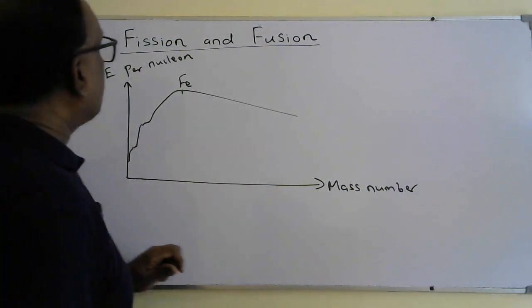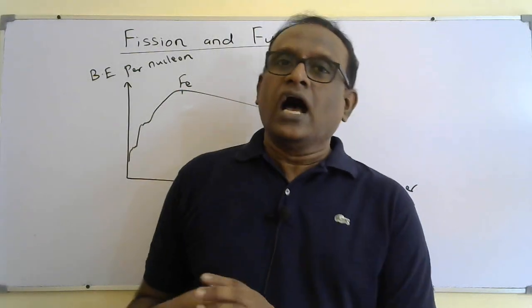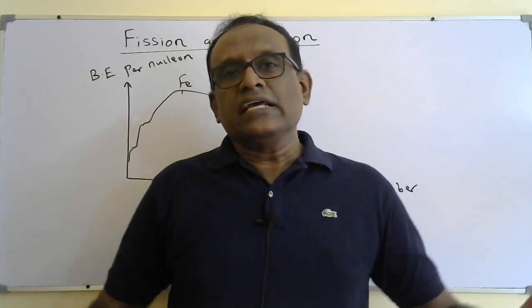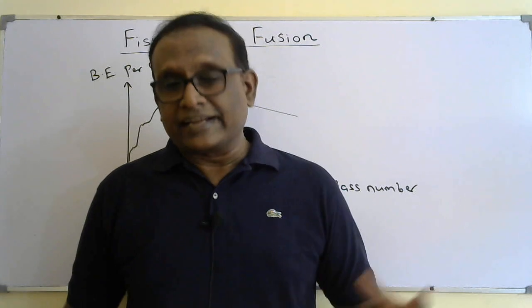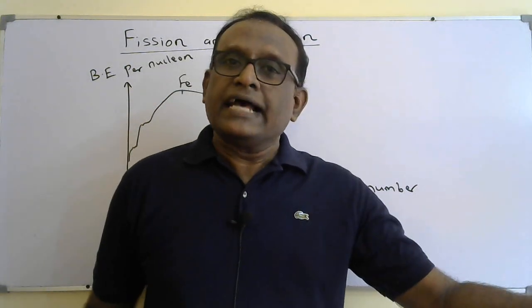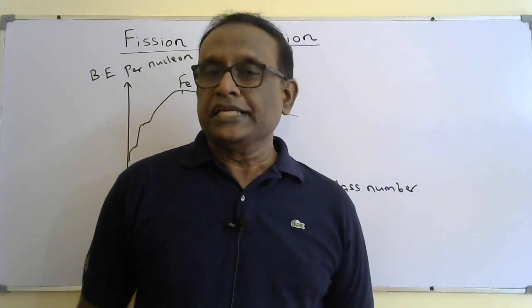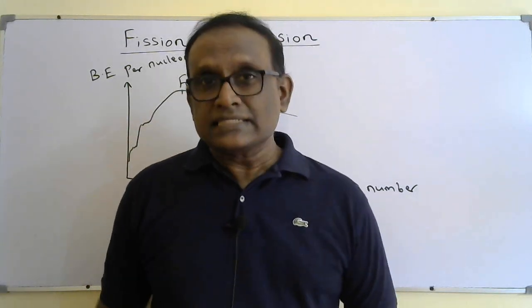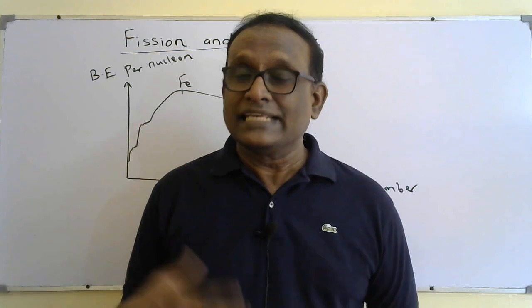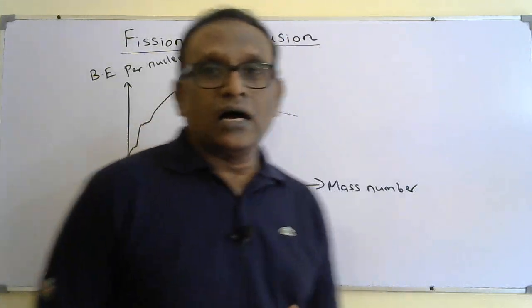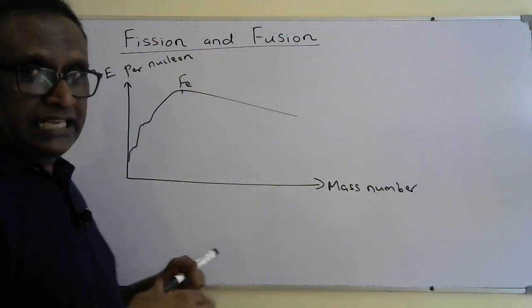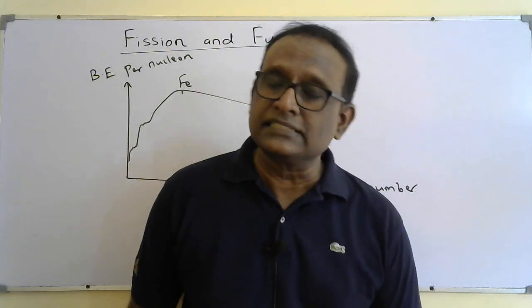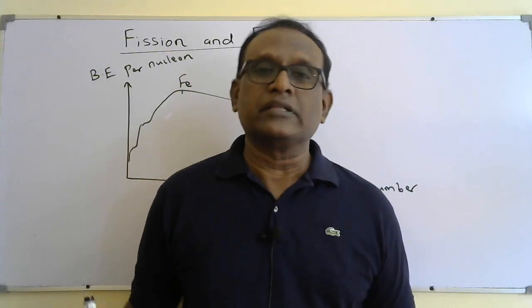Okay, so what does nuclear fission mean? During any nuclear interaction, if the product has higher binding energy per nucleon, the product is becoming more stable. That means that interaction is possible and could easily be done. That will happen mostly with release of energy, but the release of energy does not completely depend on the binding energy per nucleon.